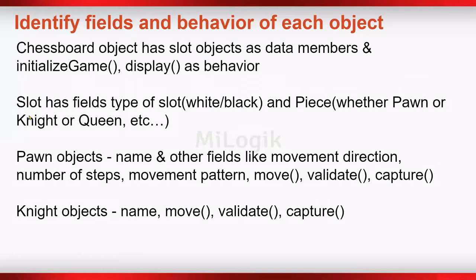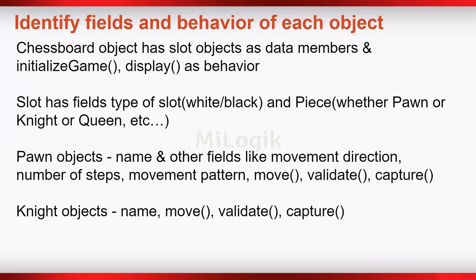So that is also one data member of the slot. Next are the other objects like pawn, king, queen, etc. Each one can have a name, and there can be other fields like what the direction of movement should be and how many steps it can move based on the specific piece.